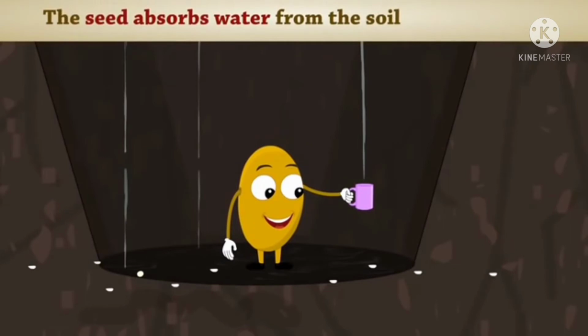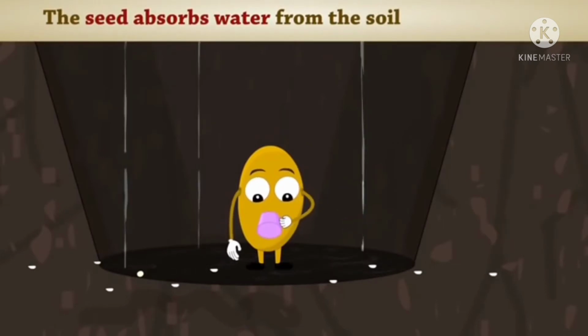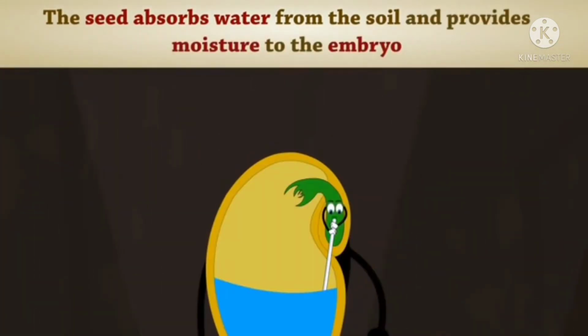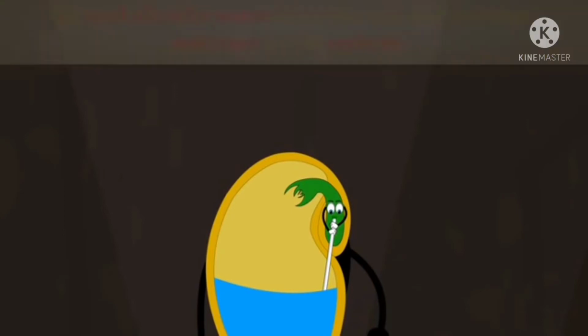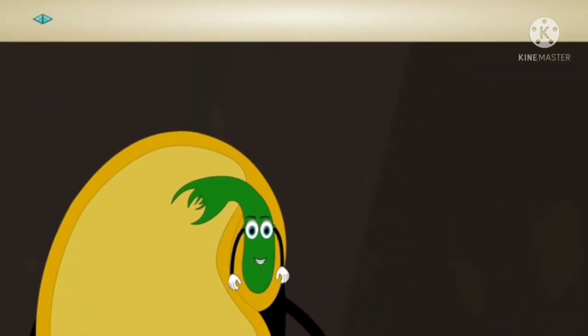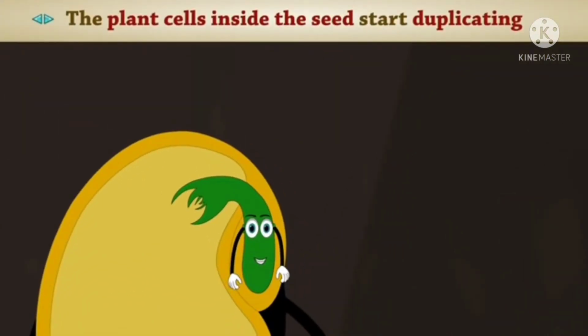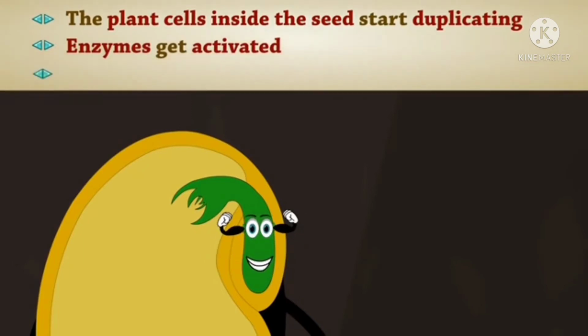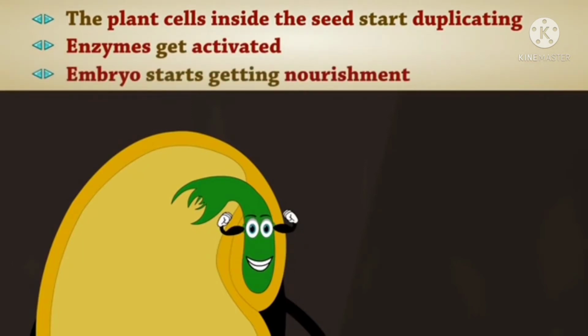The seed absorbs water from the soil and provides moisture to the embryo. The plant cells inside the seed start duplicating. Enzymes get activated. The embryo starts getting nourishment.